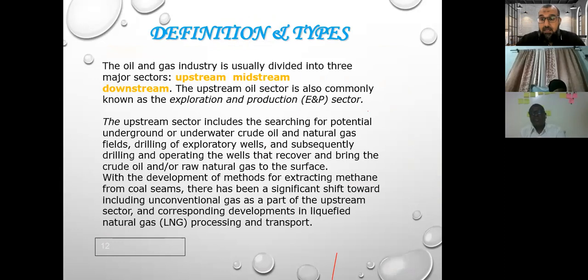As I said, the whole oil and gas industry is divided into three sectors. We have upstream, midstream, downstream. Imagine that you are on the top of a mountain, and there is a river.